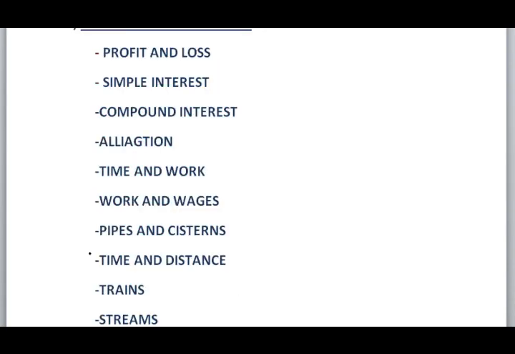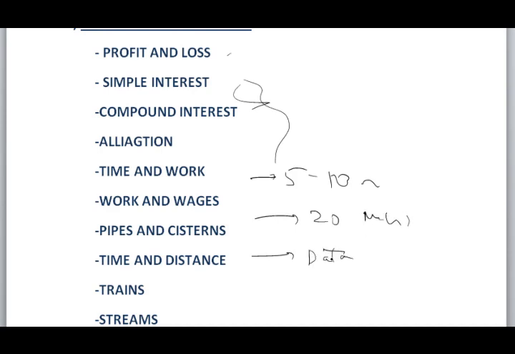And last is miscellaneous chapters. All other chapters are miscellaneous chapters that we need to do. In the prelims examination, we will get 5 to 10 marks from miscellaneous, and in the mains examination, this is very important. From all these chapters, you will get at least 20 marks of questions. And data interpretation in mains examinations will also be related to these chapters.